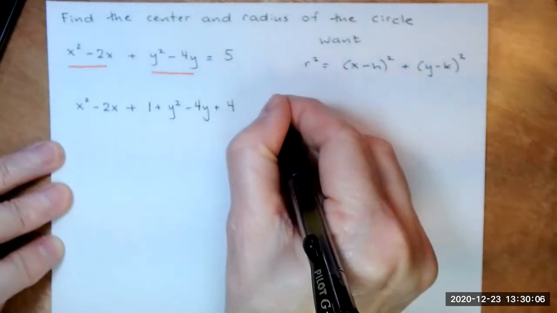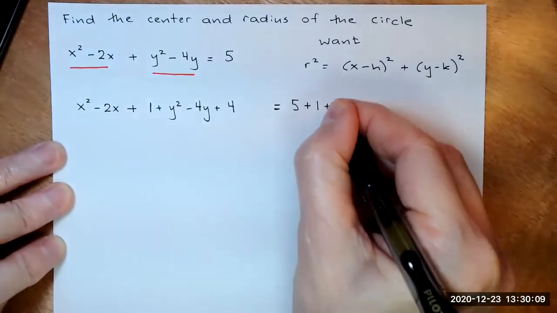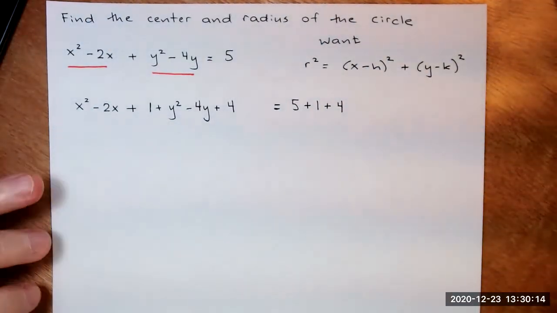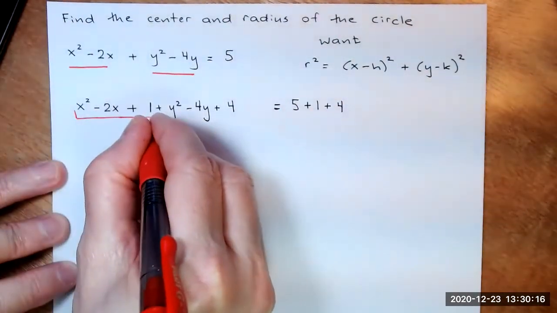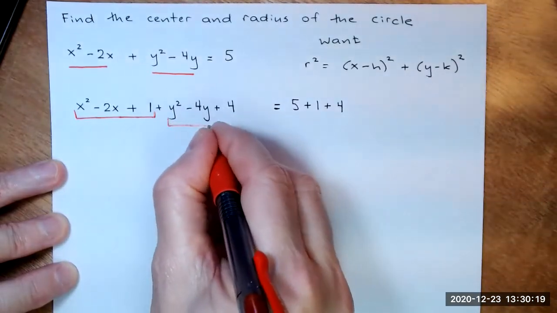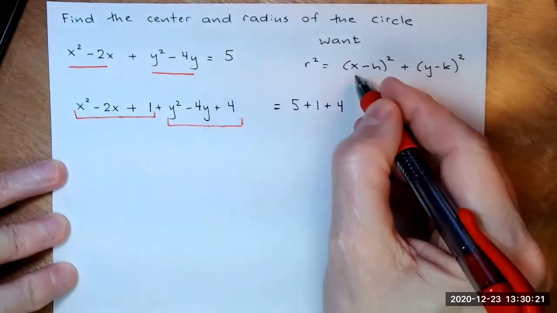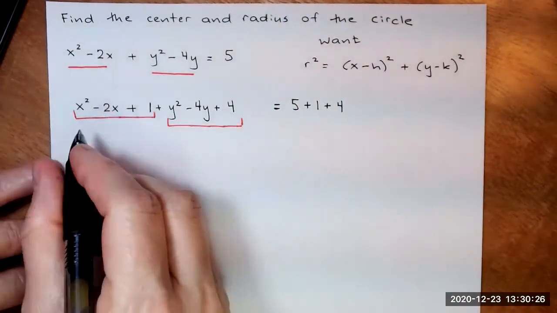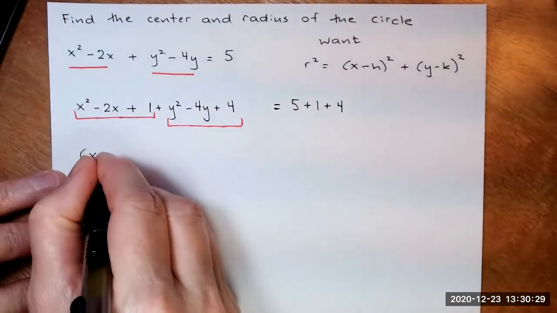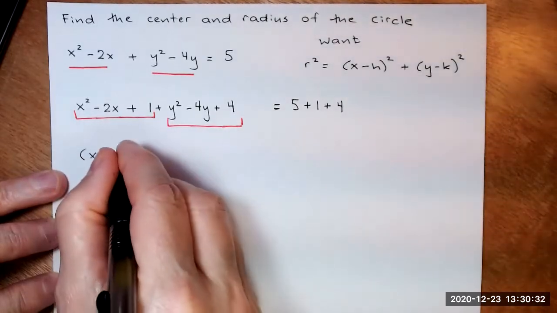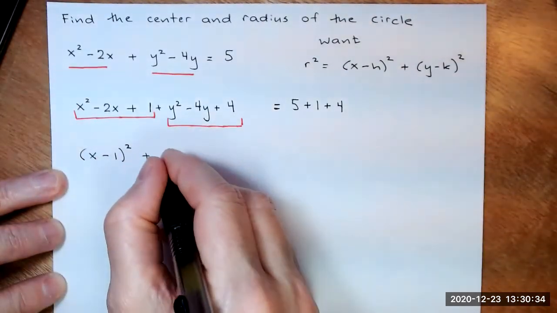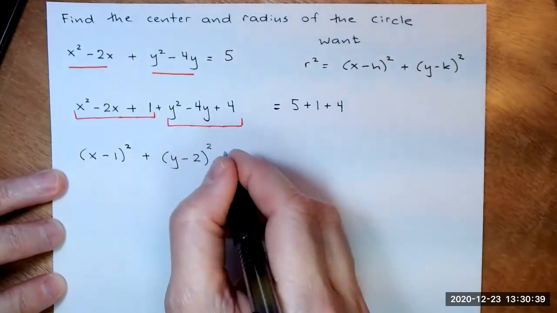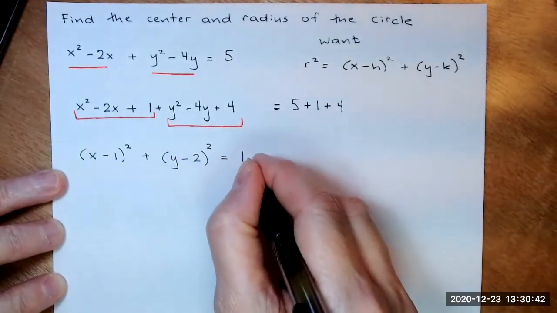And because we have an equation, we're going to add that to both sides. So now we have a perfect square trinomial here and a perfect square trinomial here. So we'll write those as a binomial squared. So this is going to be x minus 1 squared plus y minus 2 squared equals 10.